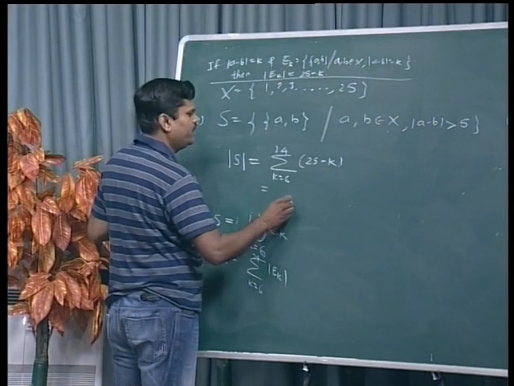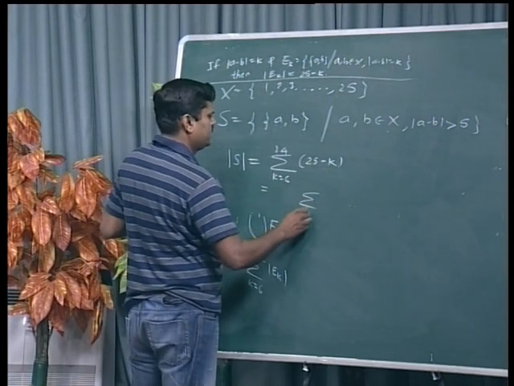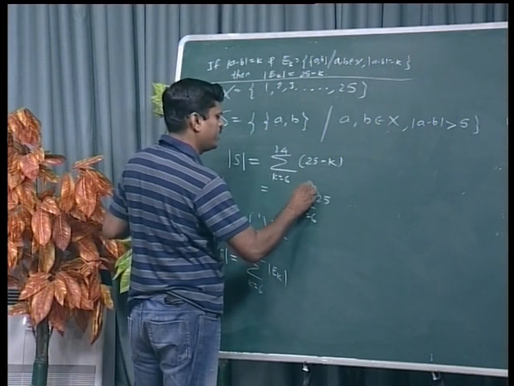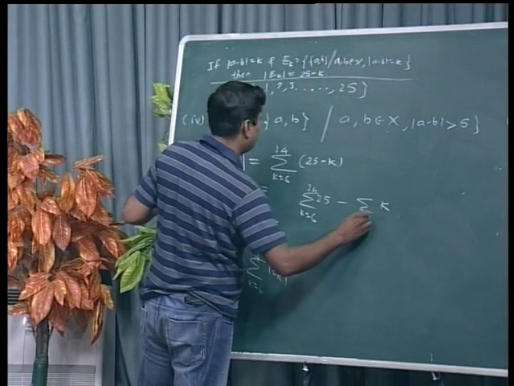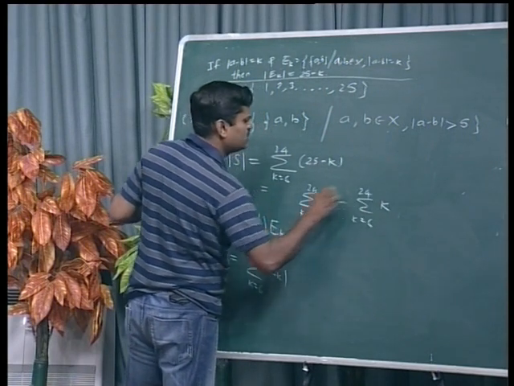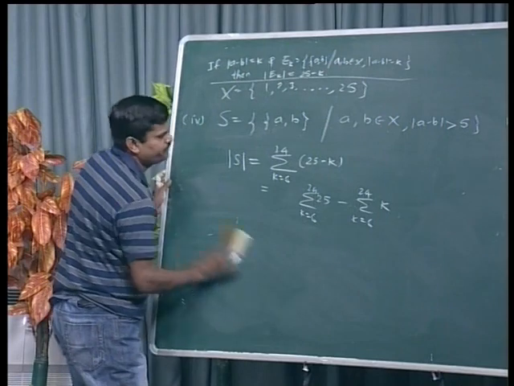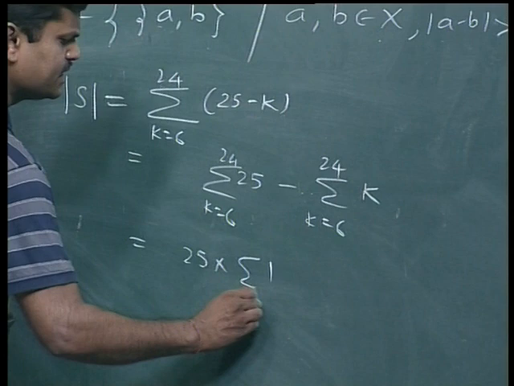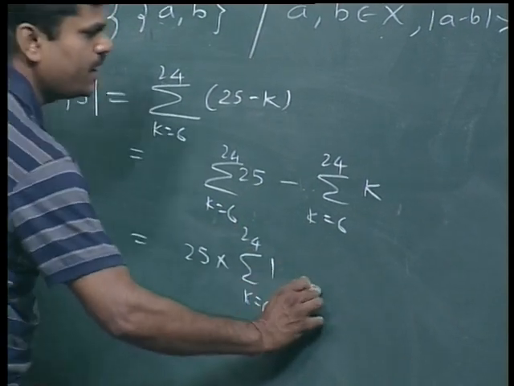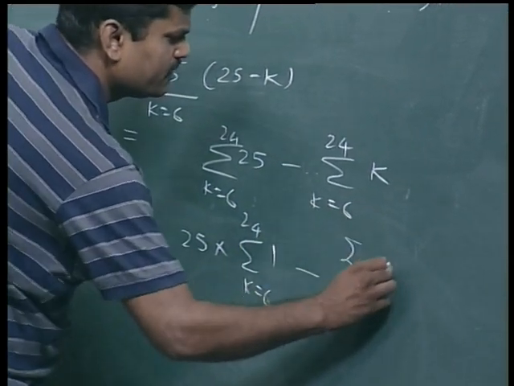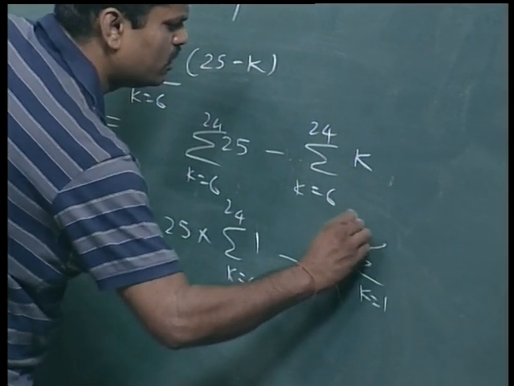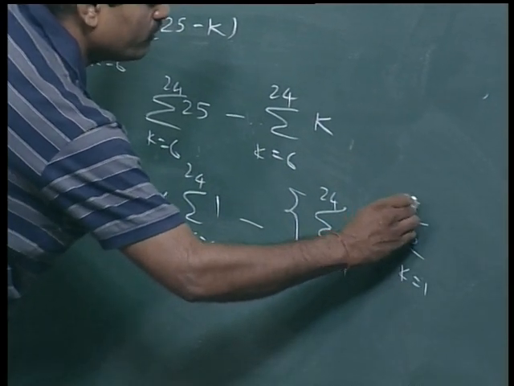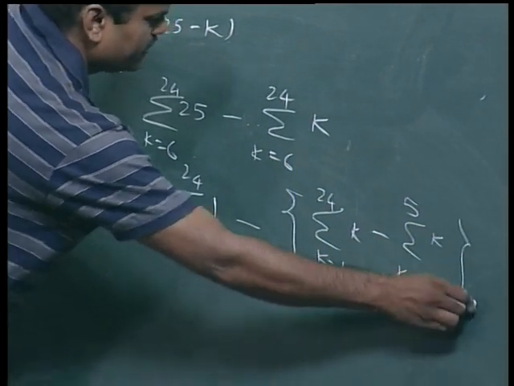So you can find this in this manner: sigma of 25, K equal to 6 to 24, minus sigma K, K equal to 6 to 24. Now what is this? This is 25 into sigma 1, K equal to 6 to 24, minus, which you can obtain in this manner, sigma K for K equal to 1 to 24 minus sigma K for K equal to 1 to 5.